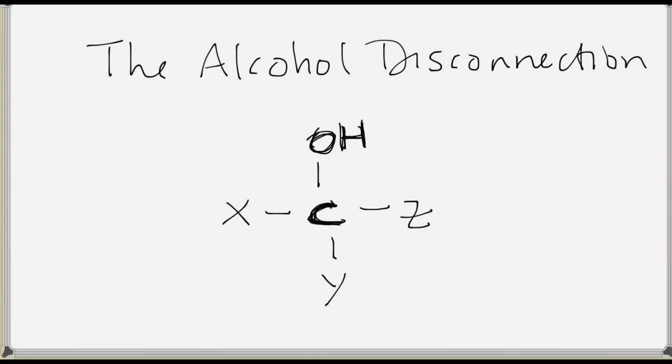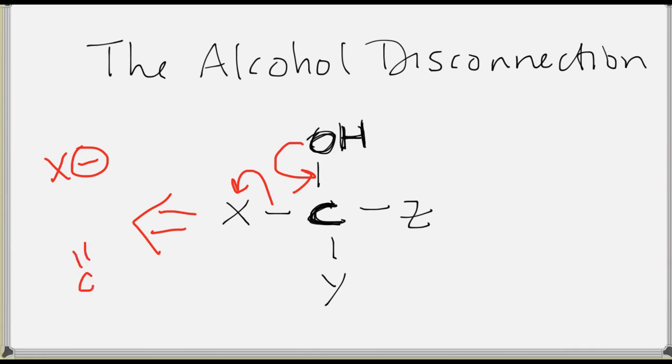So that means that you can imagine disconnecting retrosynthetically your alcohol into an organometallic X- and a carbonyl. Because what you see I'm doing here is I'm pushing back in my imagination.